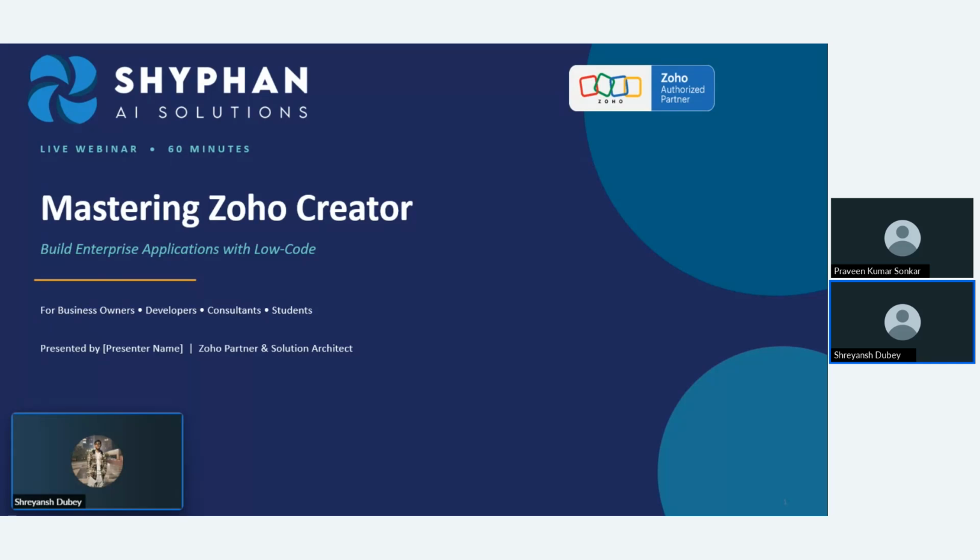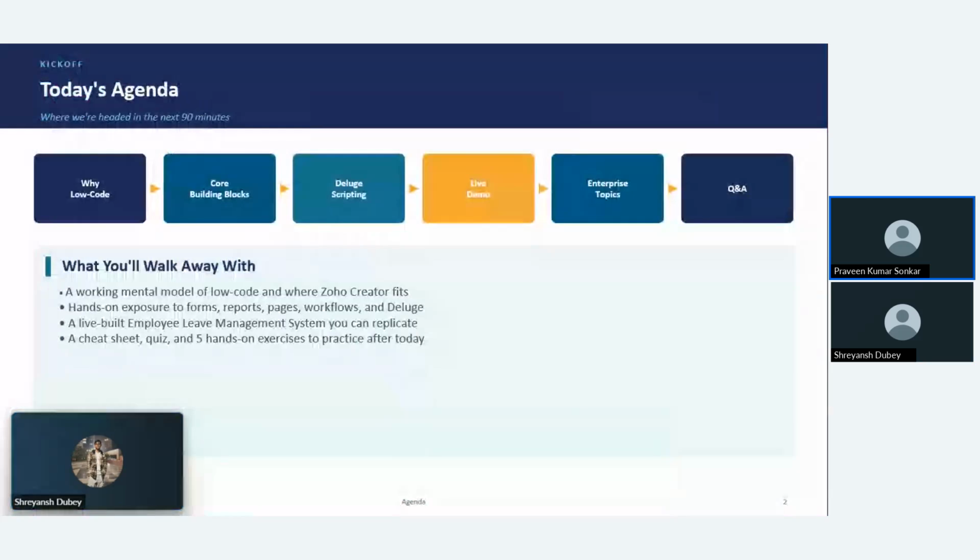Okay, thank you, everyone. Thank you, Shyans. Let me tell you why low code matters. It's not just about business or an IT team; it saves our time. Whenever we go into custom development, it might take us a year to build an enterprise application.